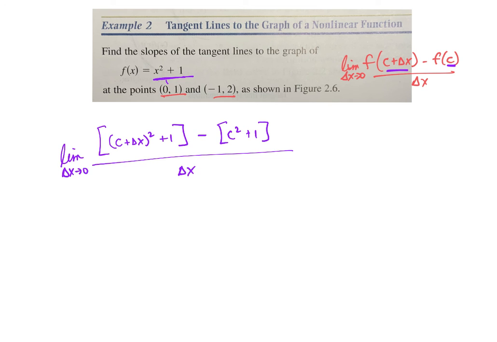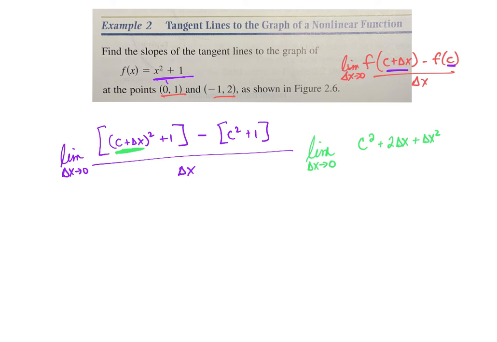Now, the biggest problem people have here is just their basic algebra, okay? Foiling, distributing a negative. That's like the biggest problem anyone ever has with these particular questions here. So I do my limit as delta x approaches 0. I'm going to FOIL this guy here. So you end up with c squared plus 2 c delta x and then plus delta x squared.